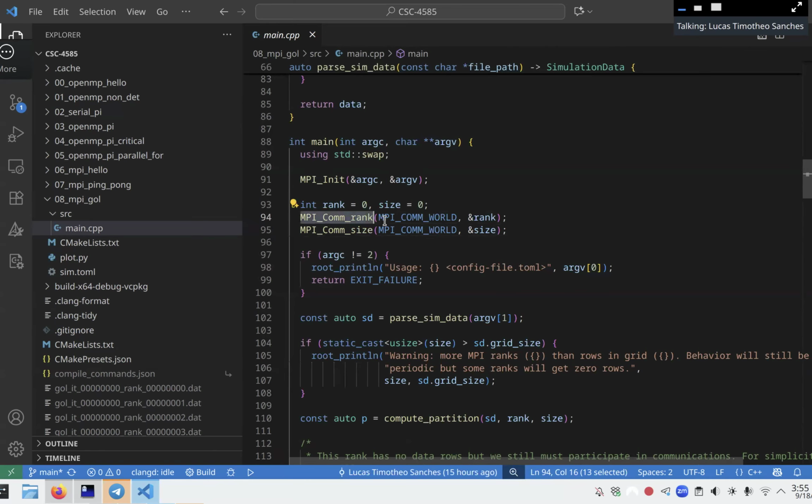So comm rank gives you the rank of this process in this communicator. We're only going to use the global communicator for this example. I'm not going to use subcommunicators. Comm size gives you the size of the communicator, the number of processes you have.